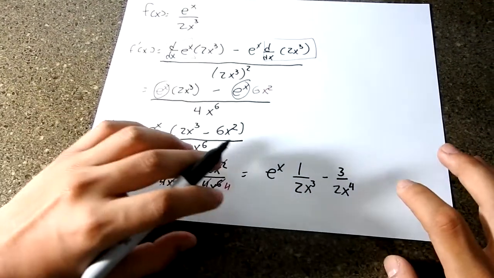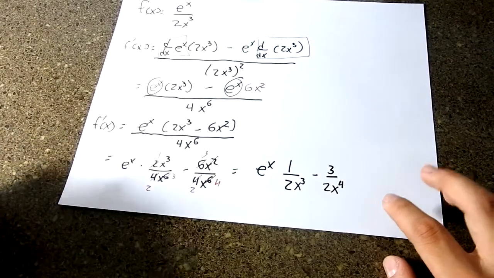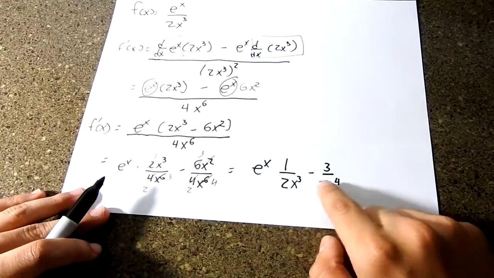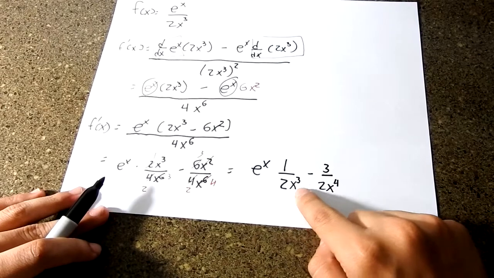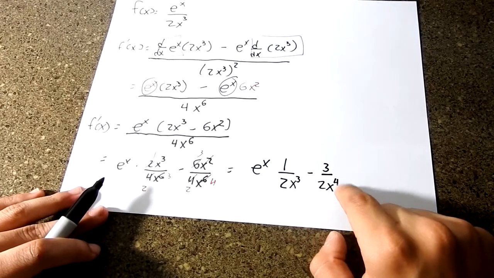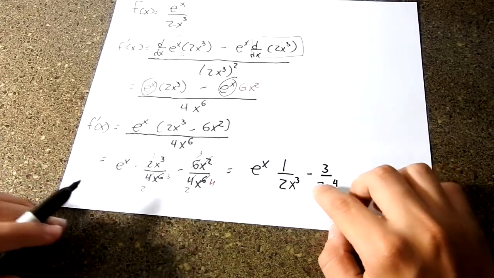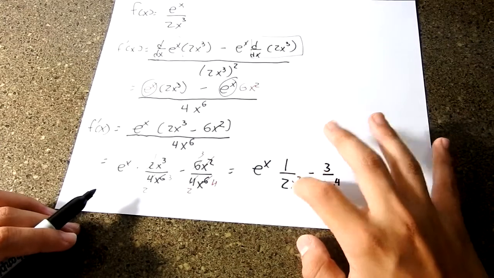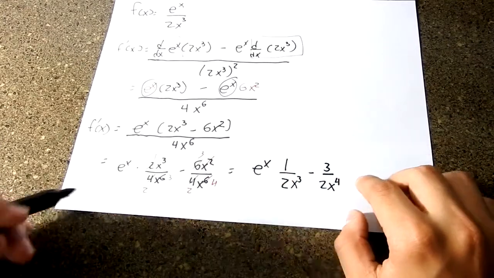Now we can still simplify this a little bit more. If you can see in the denominators, we have 2x to the third and we have 2x to the 4th. What we can do here is multiply an x on the top and on the bottom to make the denominators equal.